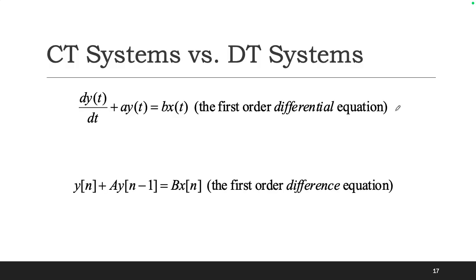And then this is the first order difference equation for the DT system. Okay, what's the difference? Did you find the similarity? You can see here, this is the input, and there is a constant coefficient, am I right?